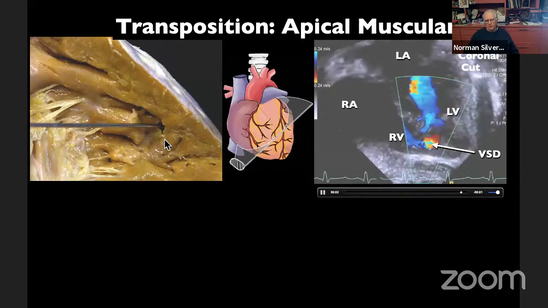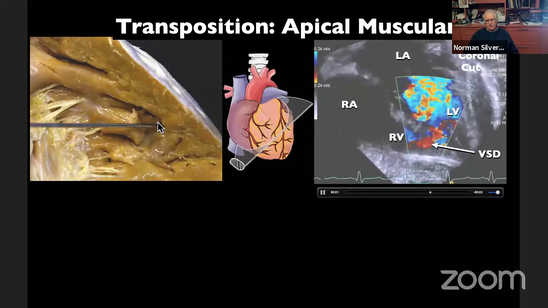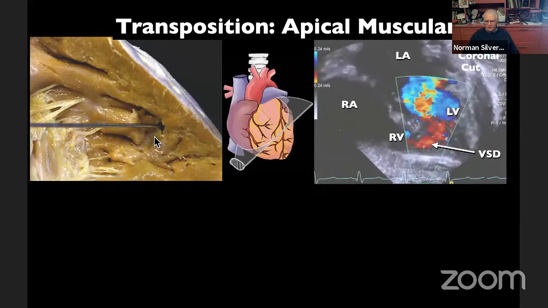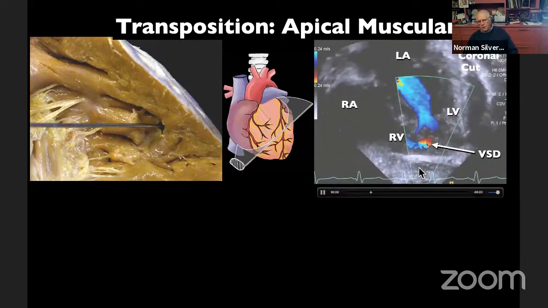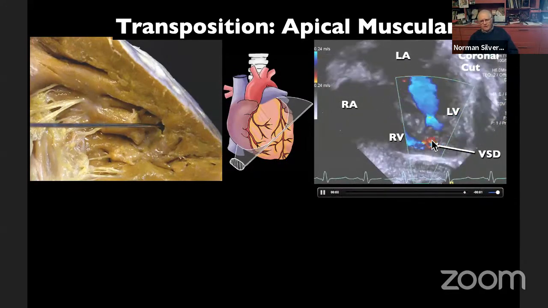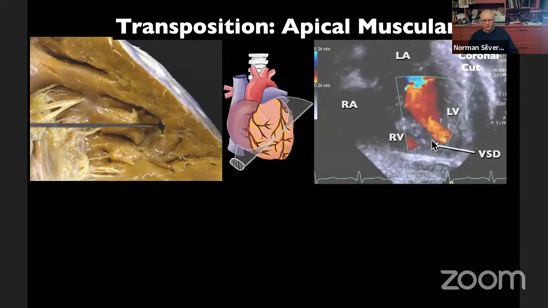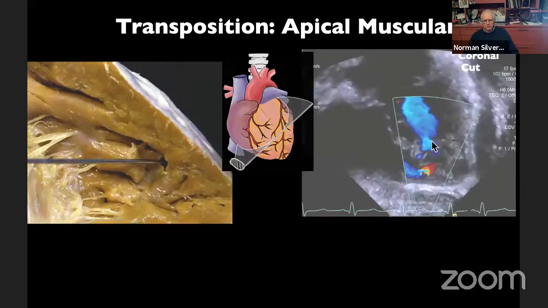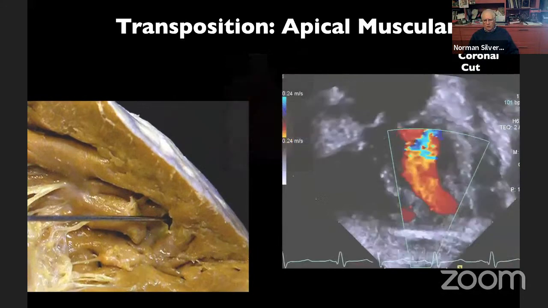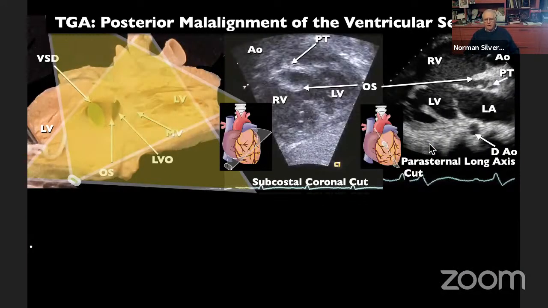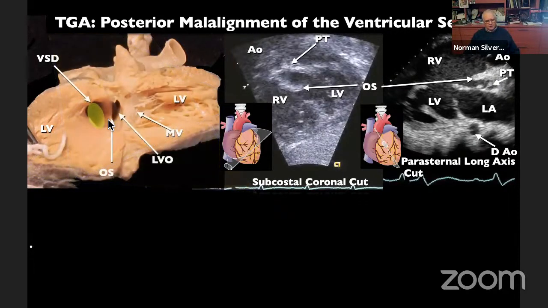So one of the important adages is that when you find a muscular ventricular septal defect, always look for a second. If you find a second, always look for a third. So multiple muscular VSDs are the rule, and they may close spontaneously. Here is the next example of a posterior malalignment of the ventricular septum.